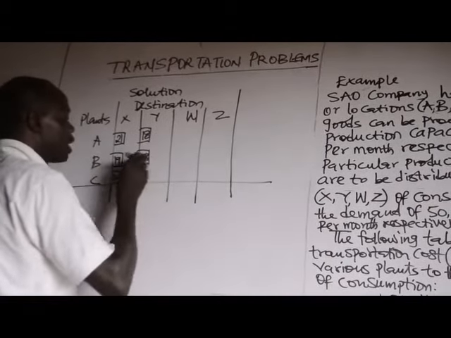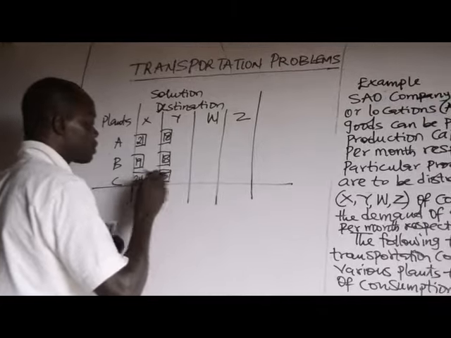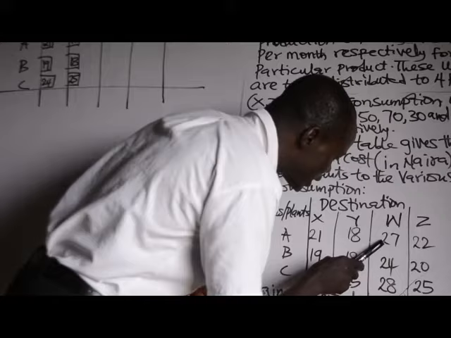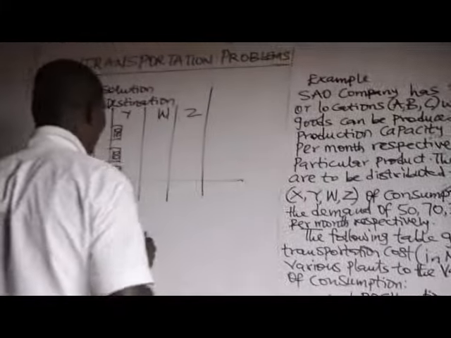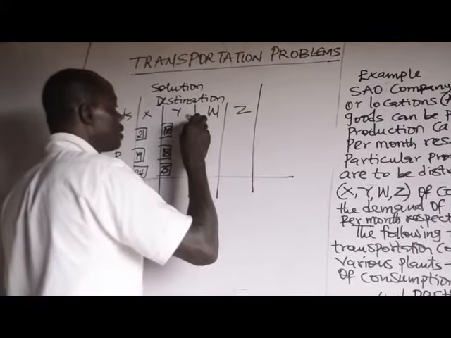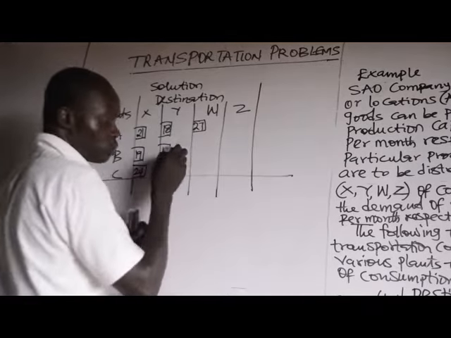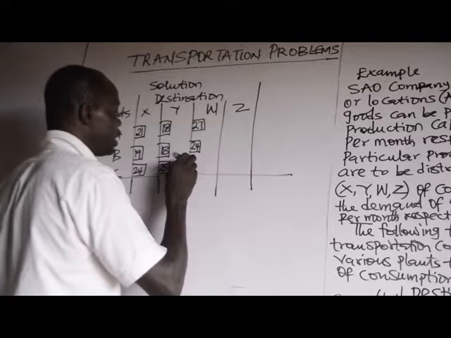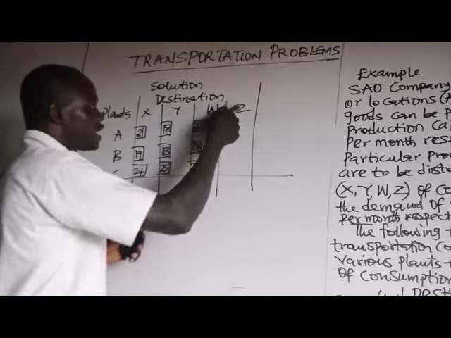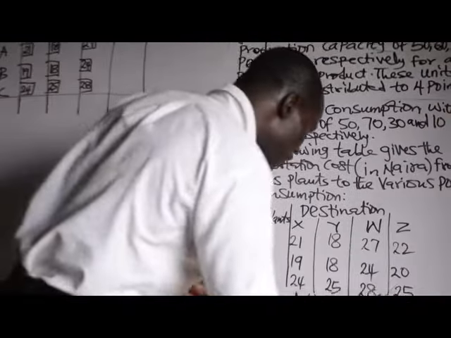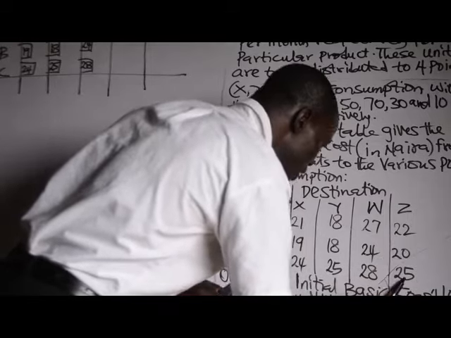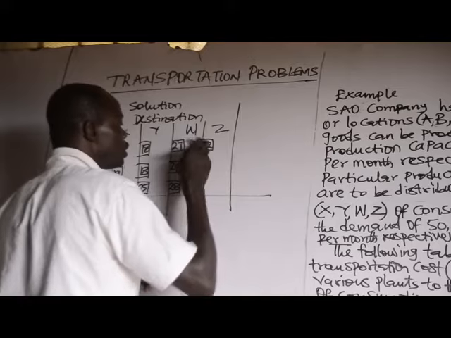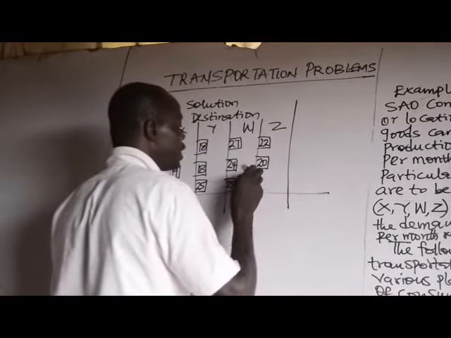For W, we have 24, 27, and 28. For Z, we have 22, 20, and 25.